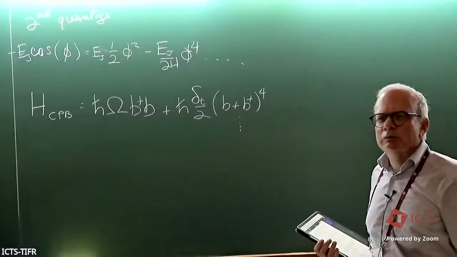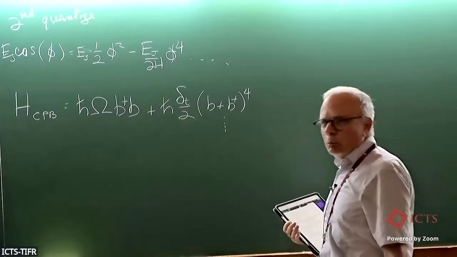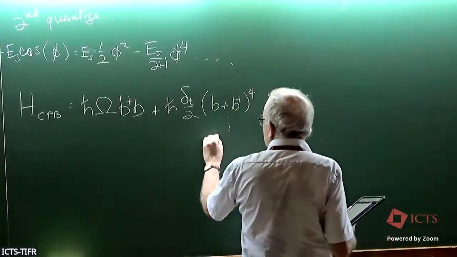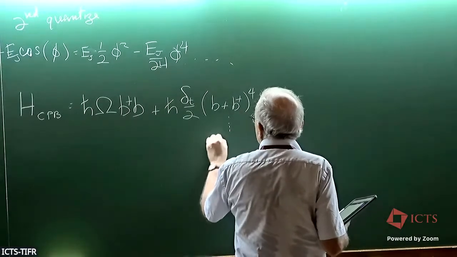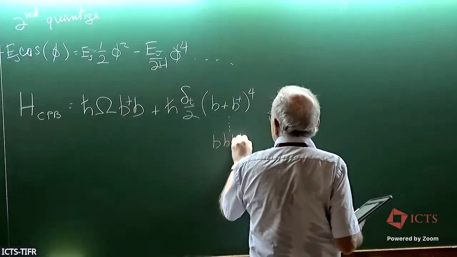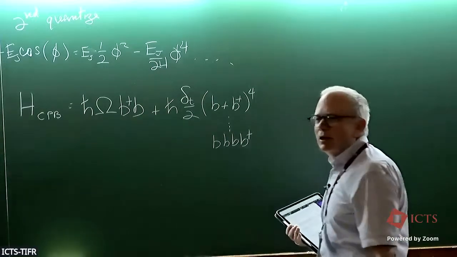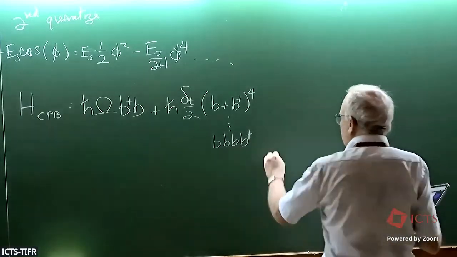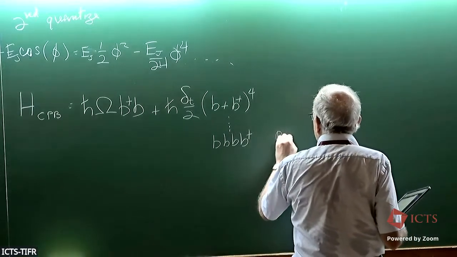This will not give only quantities proportional to the number operator, or a function of the number operator. If expanded out, it will give B times B times B times B dagger, for example. And then you declare and you invoke a rotating wave approximation.